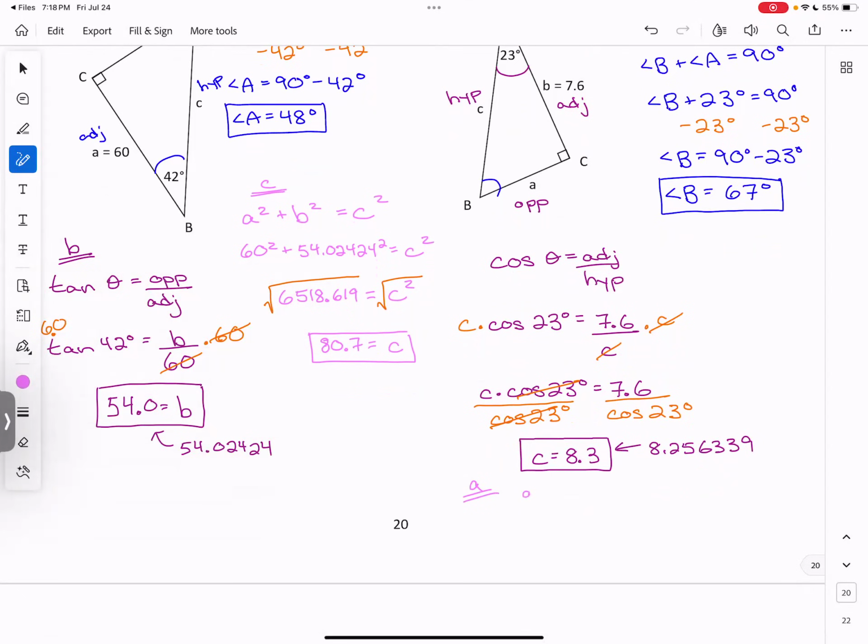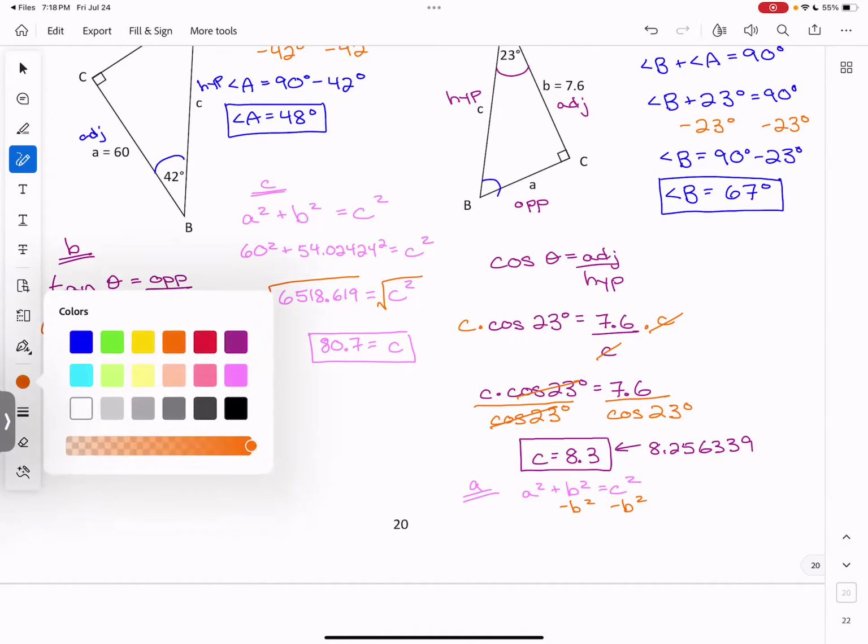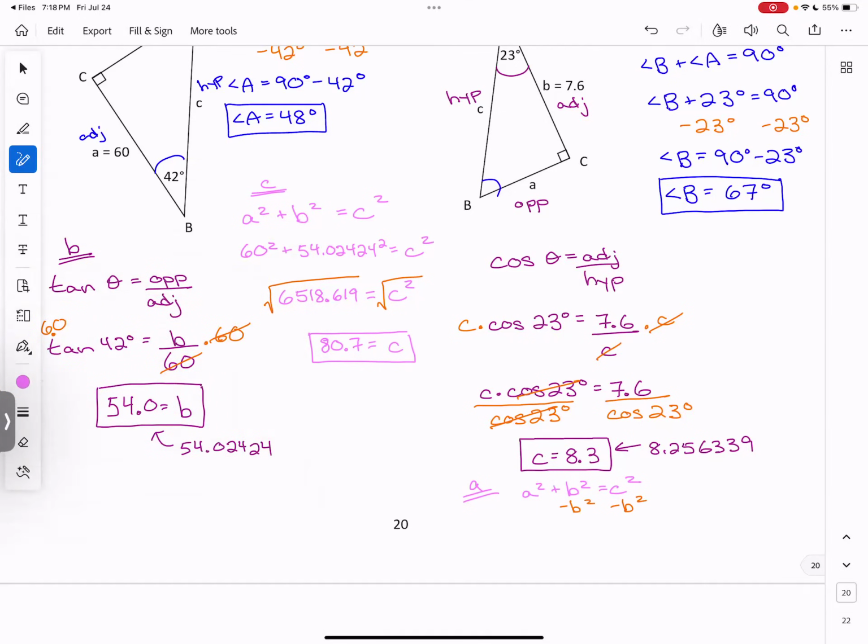Okay, so a squared plus b squared equals c squared. I'm looking for little a, so I'm going to subtract b squared from both sides. So I get a squared is c squared minus b squared.